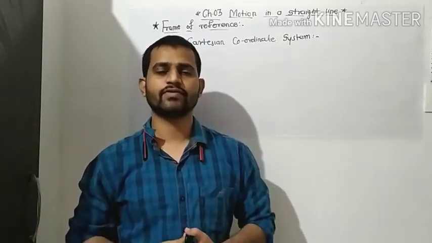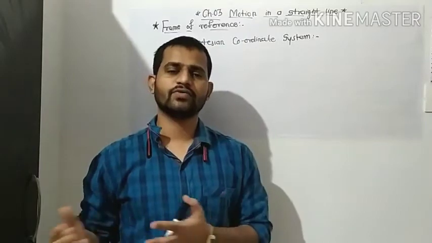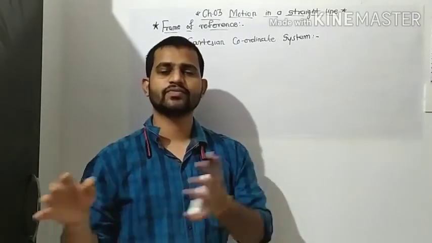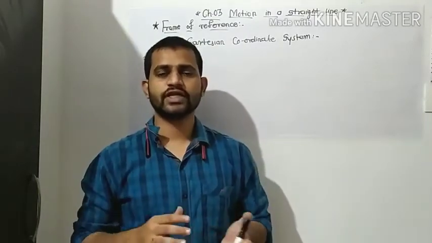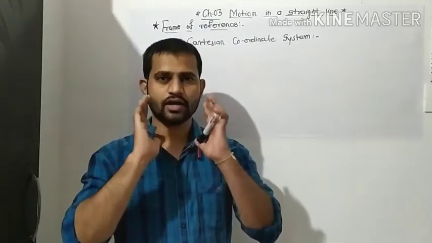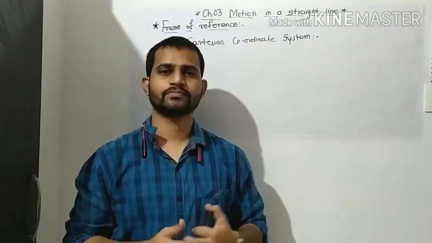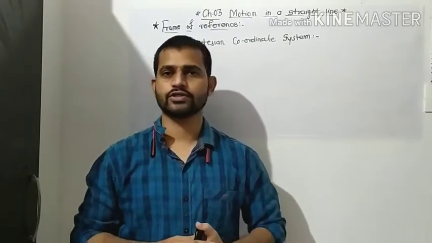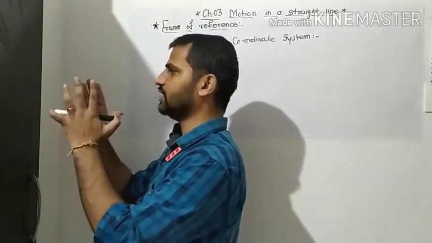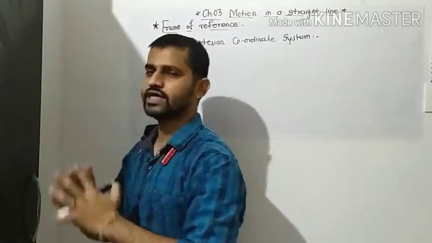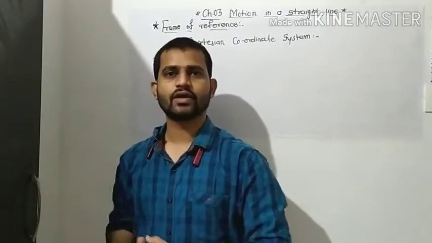If we change our location, then as per the change in location, the directions change. Initially we may be facing the east direction, but if we change our position, the east direction is no longer the same, there is another direction.